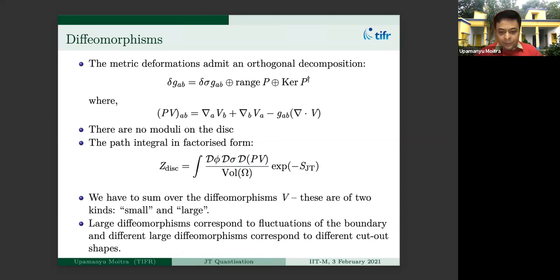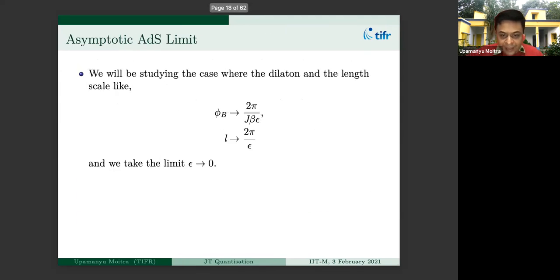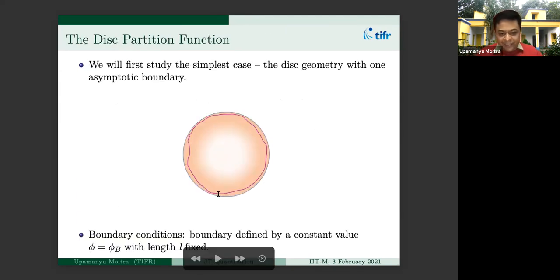We have to sum over all diffeomorphisms V. And these diffeomorphisms are of two kinds. One is called a small diffeomorphism and another is called a large diffeomorphism. Large diffeomorphisms correspond to fluctuations of the boundary. As I had shown you a couple of slides back, this large diffeomorphism corresponds to this fluctuating boundary.